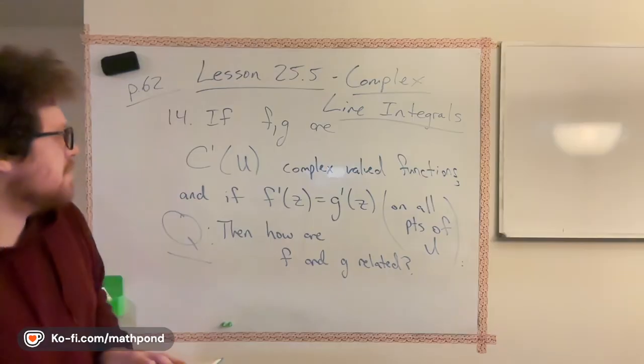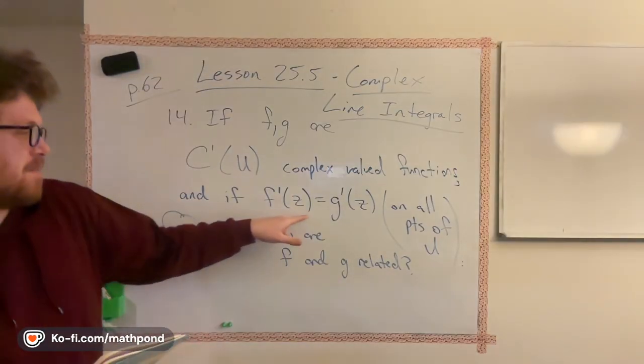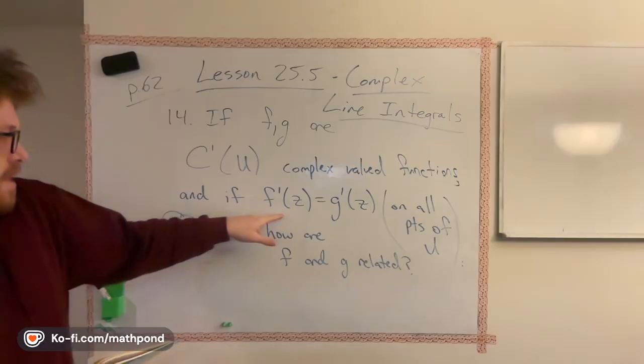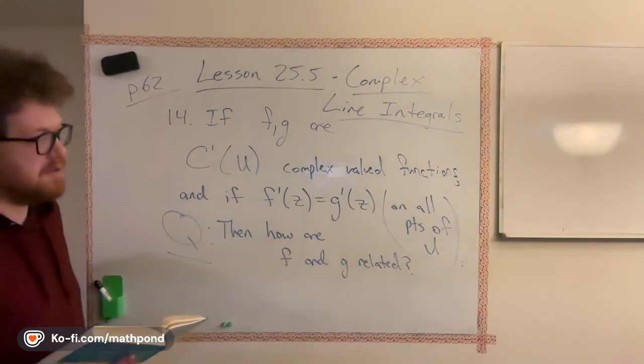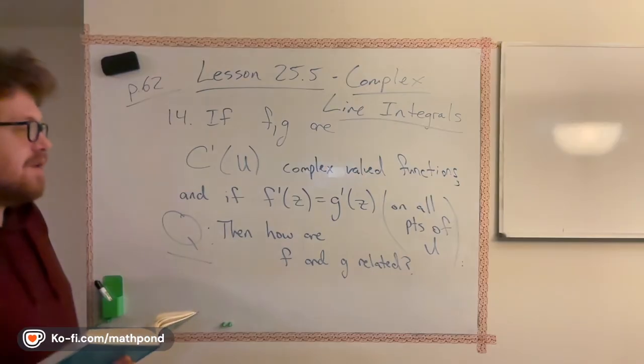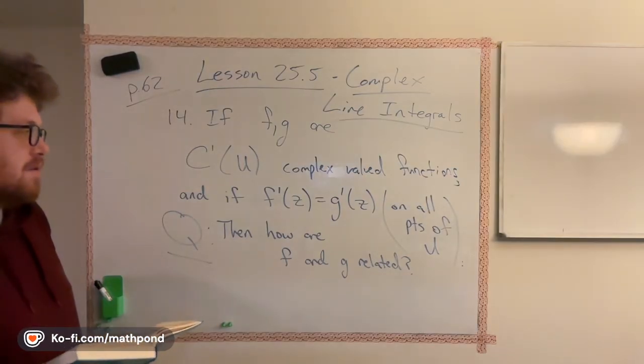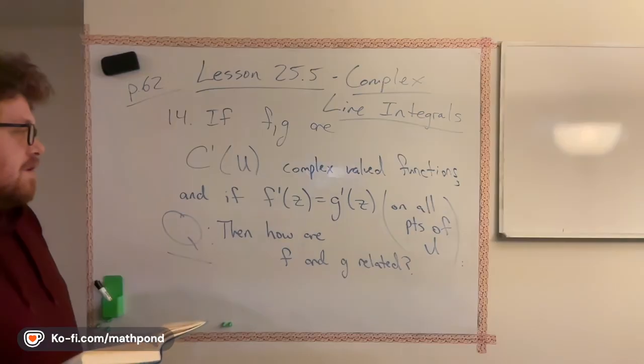I'm also a little unsure what they mean by f prime. I think they just mean df dz, like the holomorphic derivative. Yeah, that would make sense.